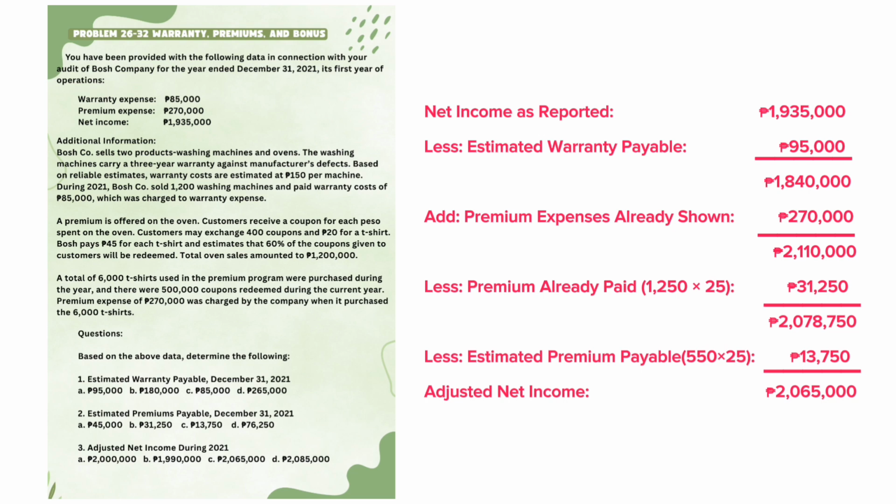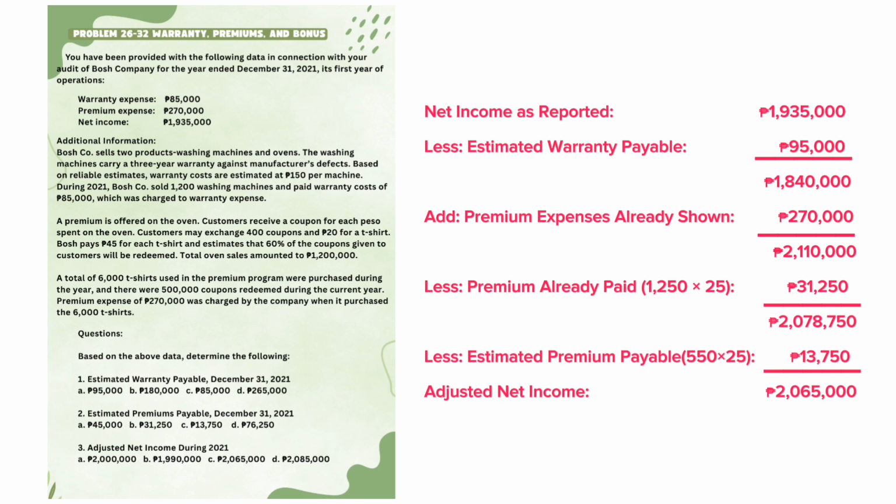We computed that as, right, 45 pesos cost minus the 20 that must be paid by the customers, we have the amount of 25 pesos. So the cost of the 1,250 t-shirts already given is 1,250 times 25, we have the amount of 31,250.